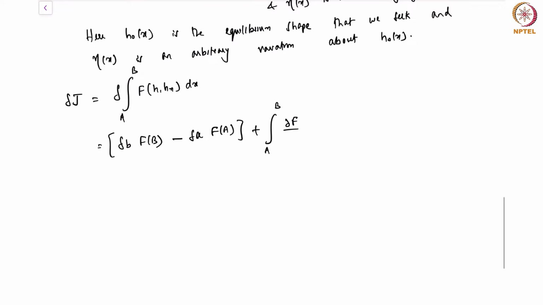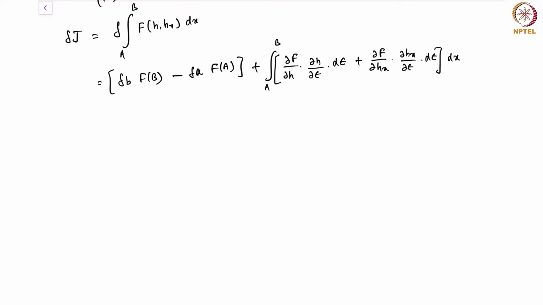So we have del f by del h, del h by del epsilon times d epsilon, plus the variation with respect to hx, del hx by del epsilon times d epsilon, times dx.